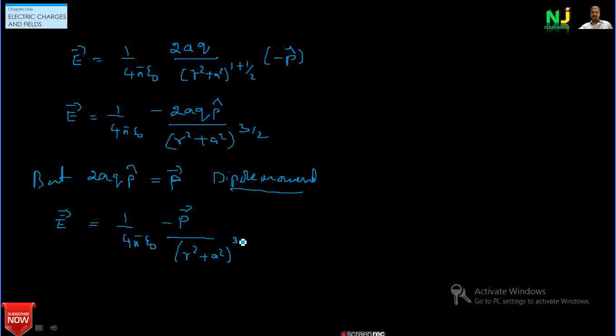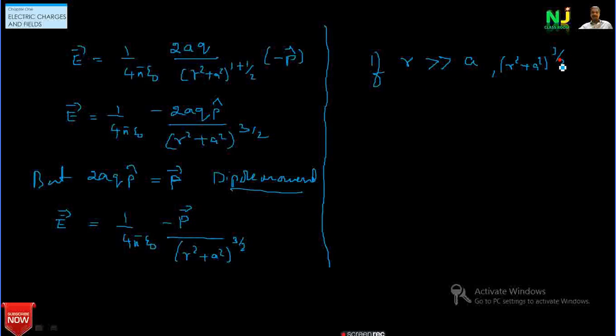So now let us go for an approximation. If you consider the distance R of the point to be very large compared to half of the dipole axis length, that is, if R is greater than A, what happens to R square plus A square to the power of 3 by 2? We neglect A square, because compared to R, A is very small, so A square is also too small.